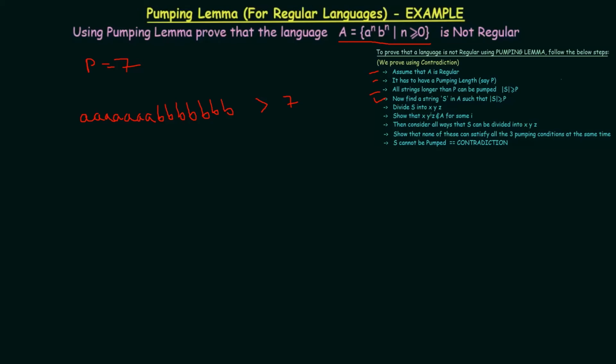Now I need to divide this thing into XYZ. Now there can be three possibilities. Possibility number one is where the value of Y is lying inside A. So let's say the value or length of Y is 4.